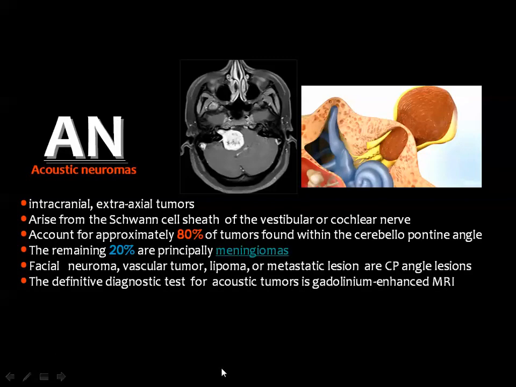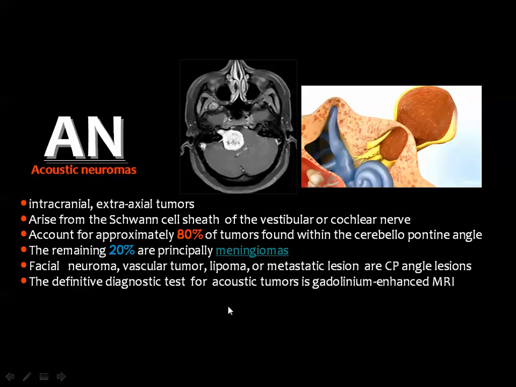Then we came to one of the very famous lesions affecting the posterior skull base, which is the acoustic neuroma. Acoustic neuroma accounts for about 80% of the tumors found at the cerebellopontine angle, where 20% will represent a meningioma.